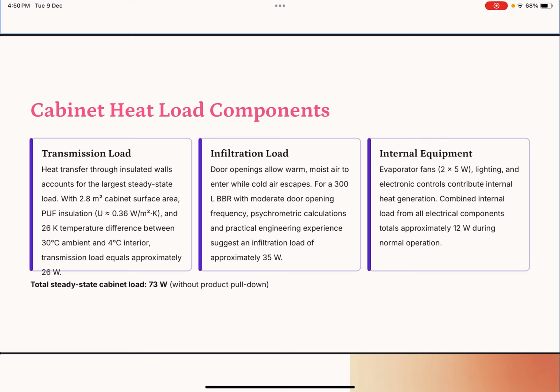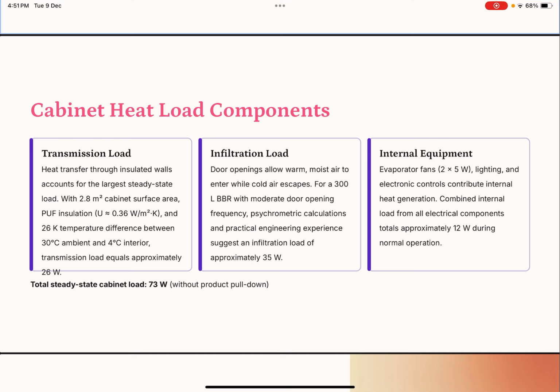Similarly, if there is lighting of some wattage, you have to add that. There are some controls that would also contribute to internal heat generation. So all in all, if you add them, then for this blood bank refrigerator of the size we have considered, the approximate internal equipment load is 12 watts.